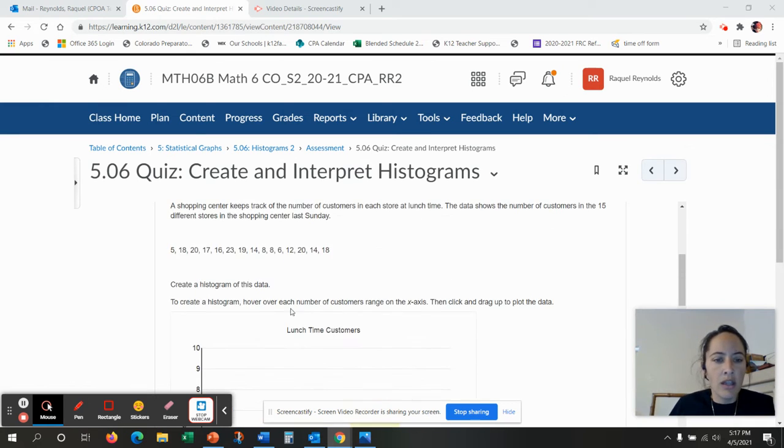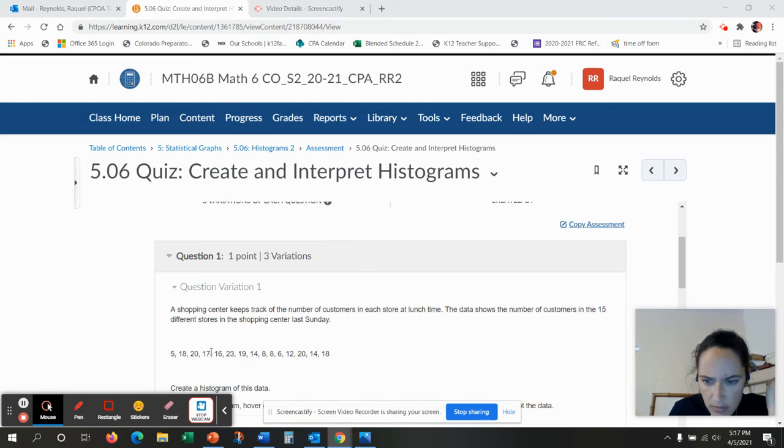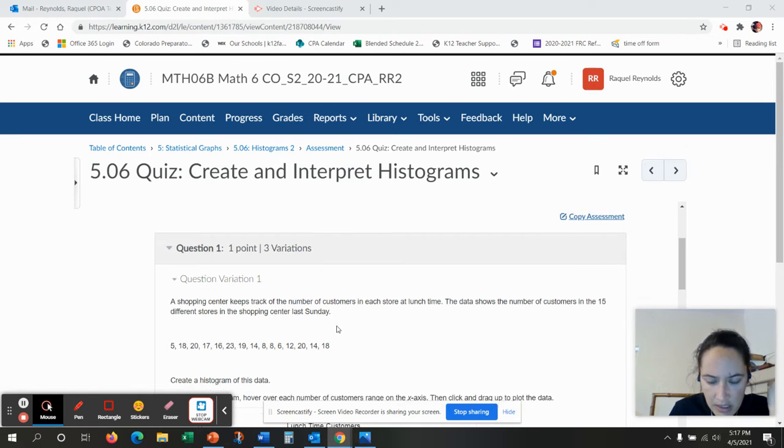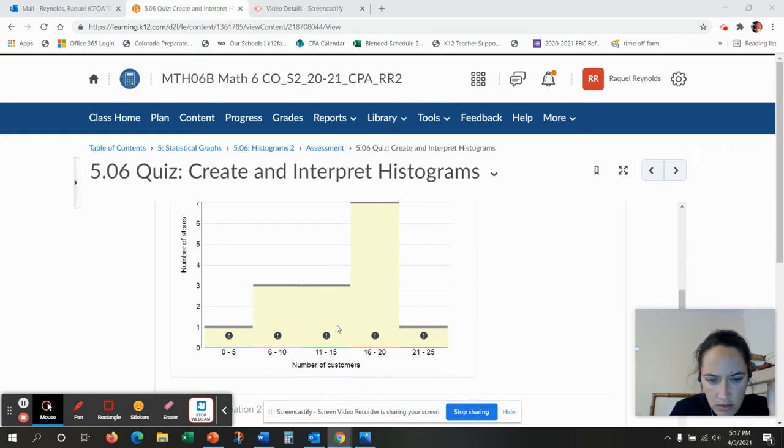So here we go. Each keeps the number of customers in store at lunchtime. Number of customers, perfect. Number of stores.